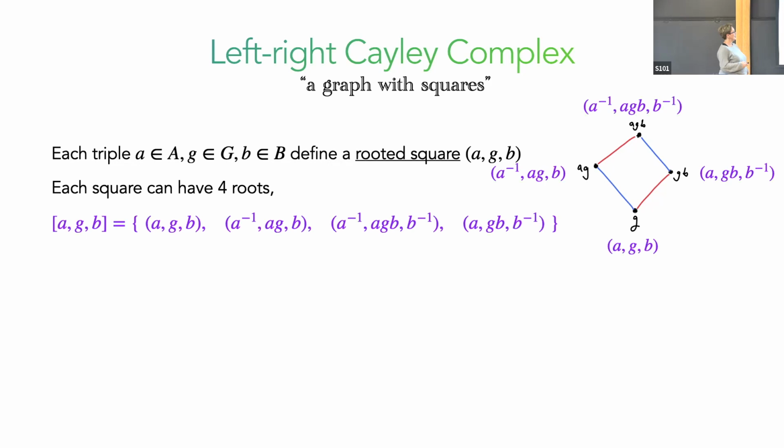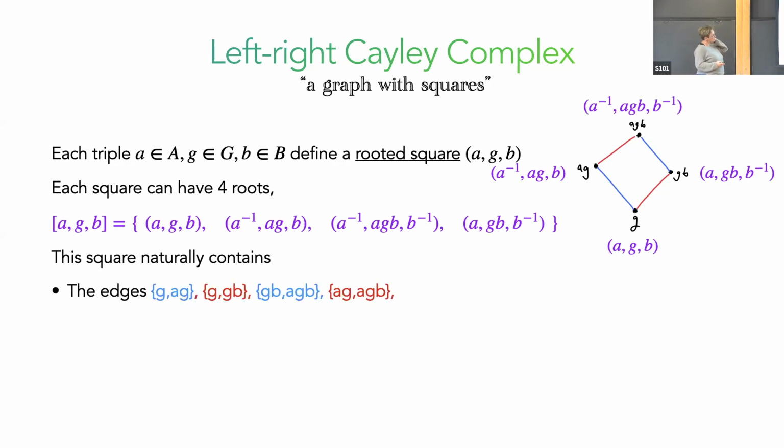Okay, so I wrote it out. So look at this triple. This is exactly what I said. The root is ag, and by multiplying on the left by a inverse, you go here. Multiplying on the right by b, you go here. So if you want to look at the square without the roots, you just look at all the 4 triples, you make them into one equivalence class, which we denote by these square brackets, [agb].